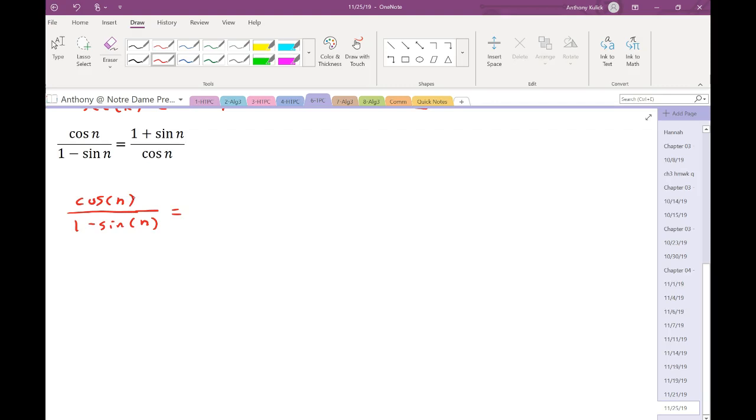In general, it's typically easier to start with the more complicated side and go to the less complicated. Here it doesn't really matter, because they look about the same, right? Okay. Ideas on what to do here first.